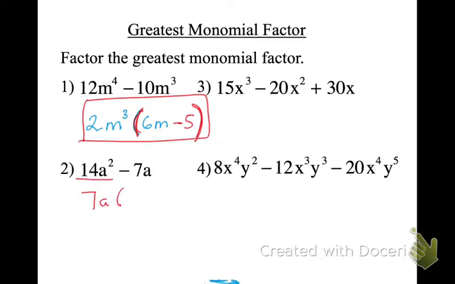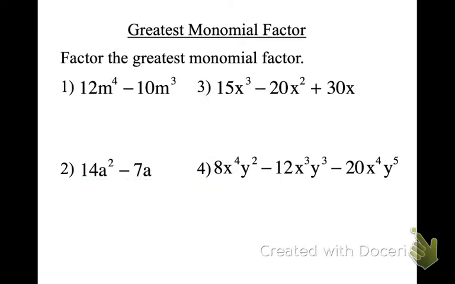So when I divide this by 7, I'm left with a 2. When I divide a squared by a, I'm left with an a. Does that multiply to 14a squared? Yes. Okay, now look, when I divide -7a by -7a, I'm left with the number 1, not 0. Okay, try the next one on your own.